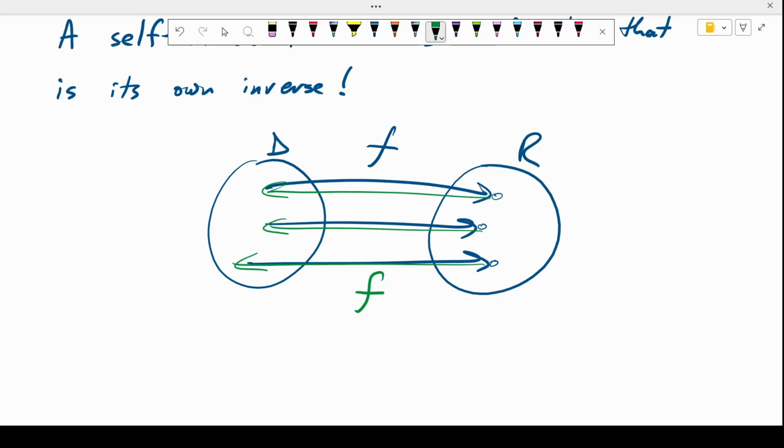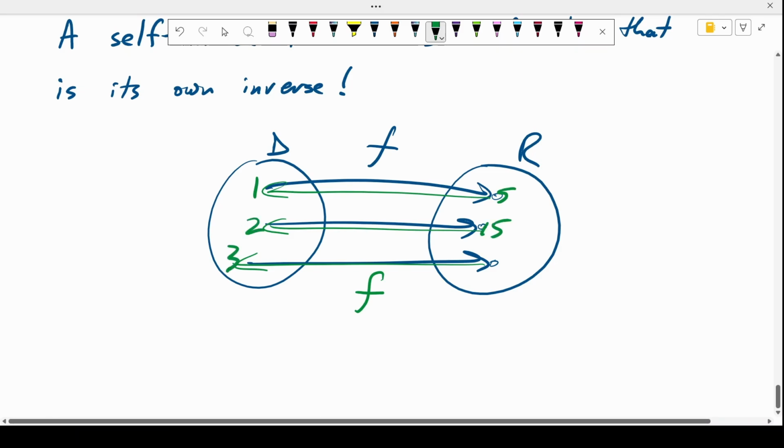It doesn't mean that these outputs have to be identical to the inputs, right? 1 might map to 5. 2 might map to 15. 3 might map to 30. I don't know.